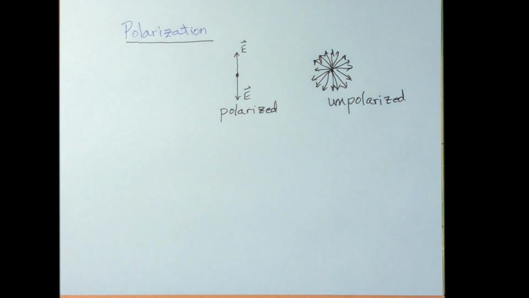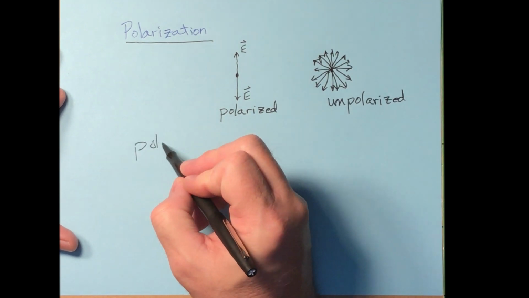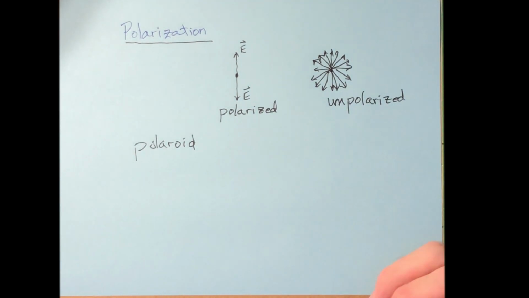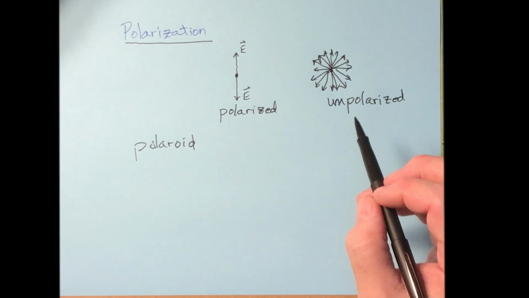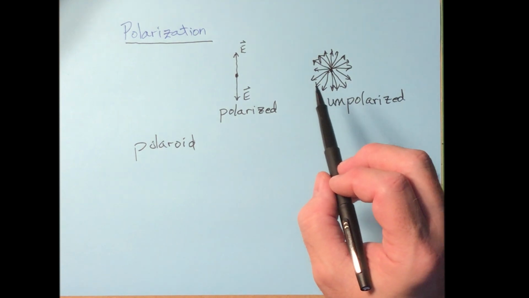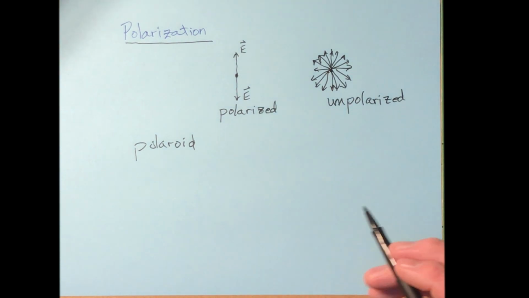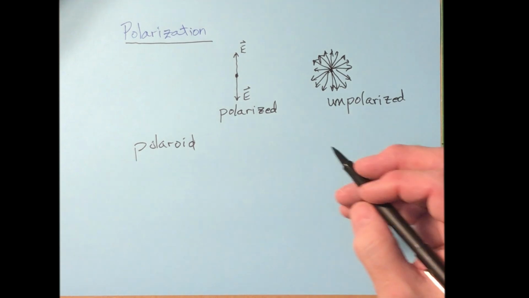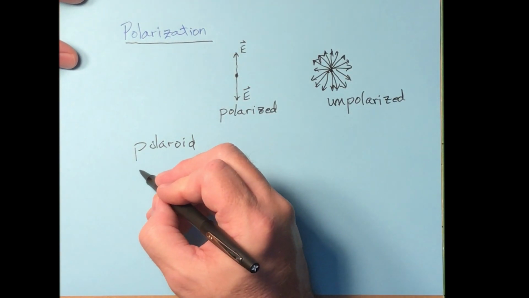Now, a Polaroid is a substance that transforms unpolarized light into polarized light. The classical model for a Polaroid is called the picket fence model.